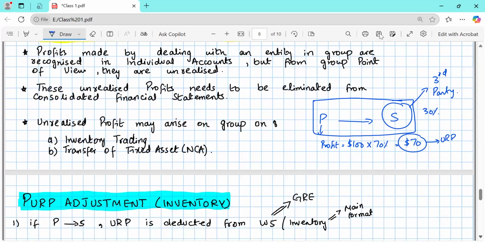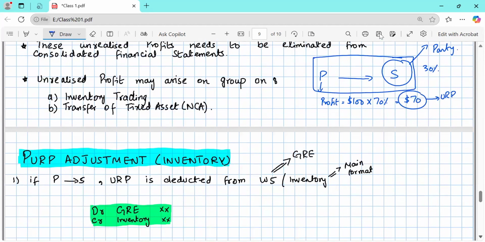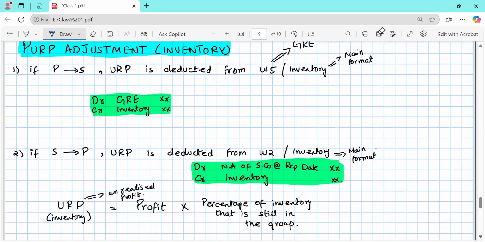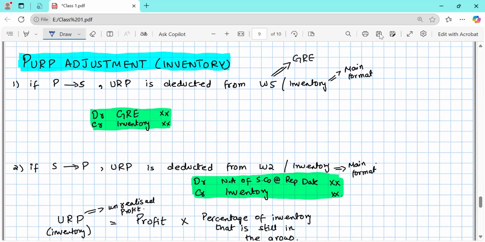Okay, now let's do its adjustment. How do we adjust that? Two basic examples, and then we will finish the class. The first is that if the parent company makes a sale to the subsidiary, then the unrealized profit is deducted from working five and inventory. Now, remember one thing: the profits of the parent company are recorded in working number five, that is group retained earnings, group reserves.